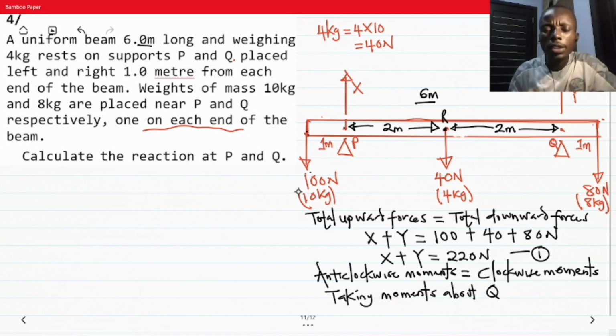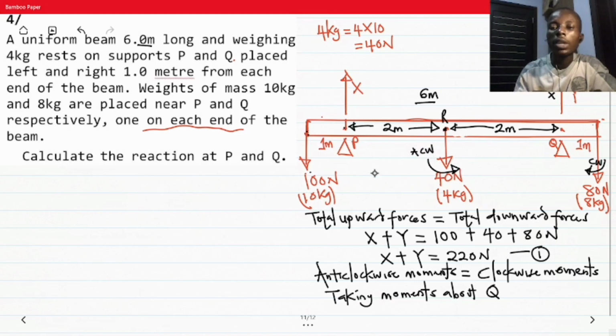So I'll take moments now, but before I do that, I'm going to identify my clockwise and anti-clockwise. Taking moment about Q, force 80 Newton will give me a clockwise moment, CW. Taking moment about Q, Y will give me no turning effect. 40 Newton will give me an anti-clockwise moment, 100 will also give me an anti-clockwise moment.